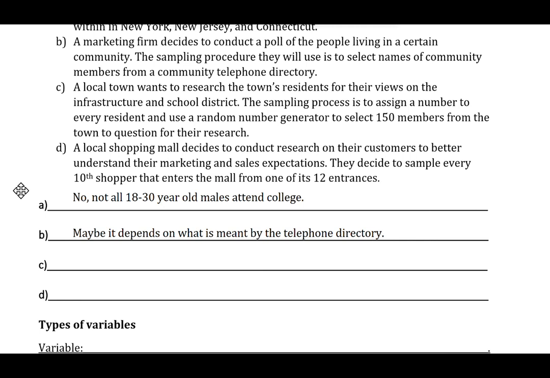Also, in the common age that we live in, not everyone has a home phone number, so it depends again as to whether or not that telephone directory would include cell phones or mobile phones, or if it is only specifically home phones. So it really depends on what type of telephone directory we're talking about here.